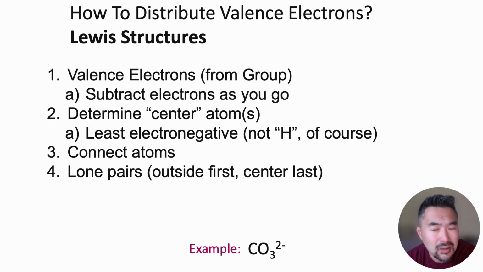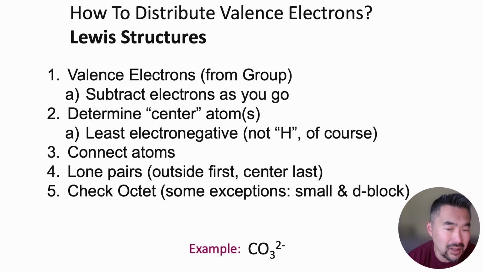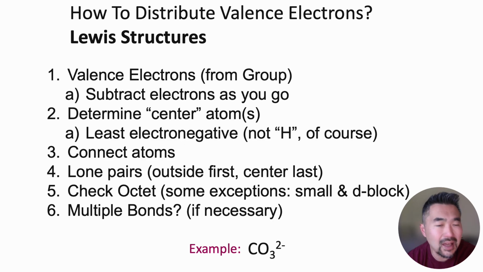So the central atom should not take the lone pairs first. It should be the outside surrounding atoms that get the lone pairs of electrons first, because they're more electronegative. And then you check the octet, and then if it doesn't meet the octet, then you have to add multiple bonds, right? So that's sort of the procedure here.